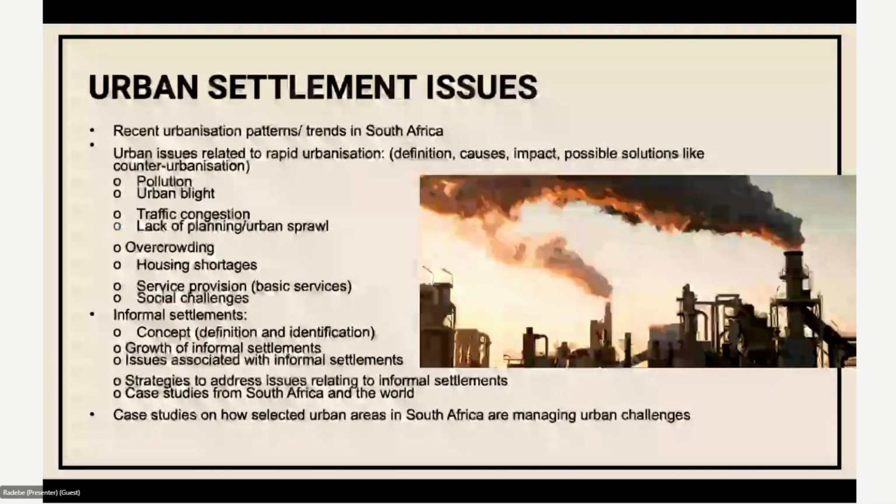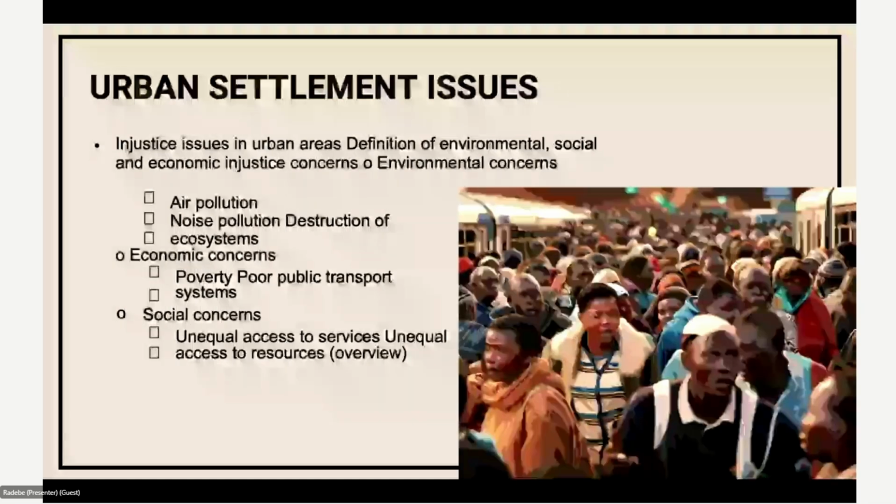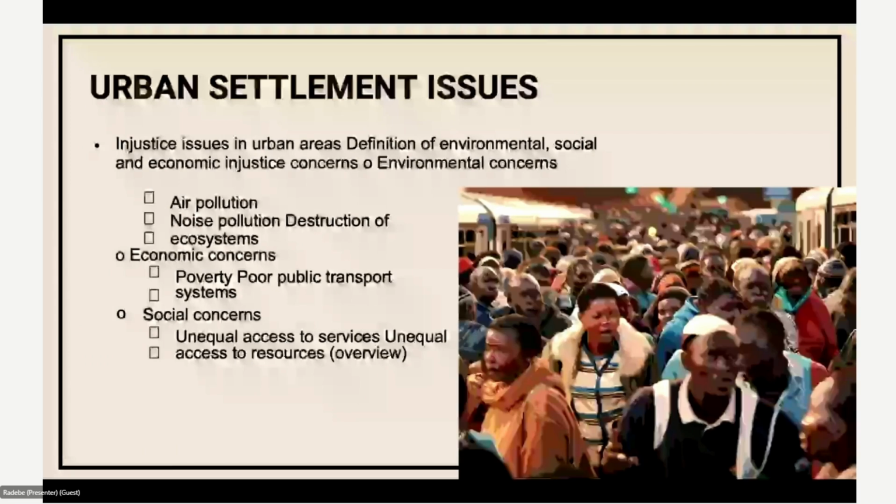informal settlement. Urban settlement issues, again, the injustice issue in urban areas, the definition for environmental, social, and economic injustice concern. Now, we're having air pollution, noise pollution, destruction of ecosystems.